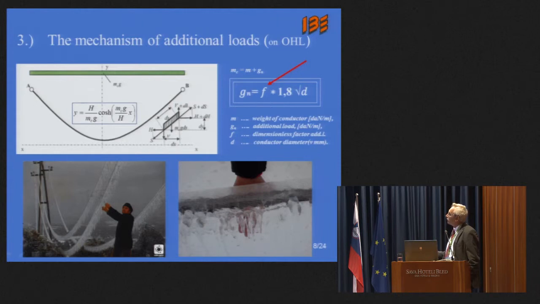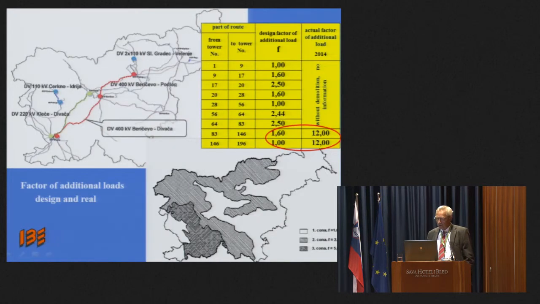And what is important, what I would like to say, is that the additional load is defined by standard. Each country has its own standard because of the local conditions. This F is very important for design loads.